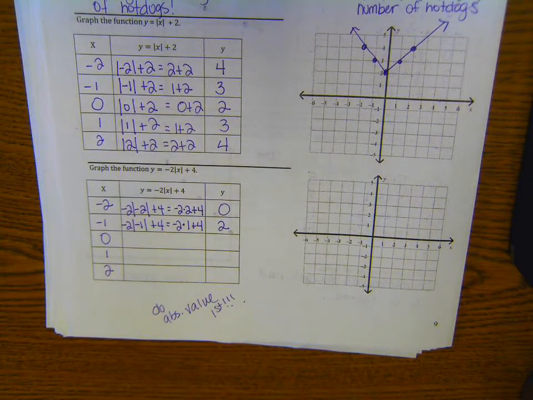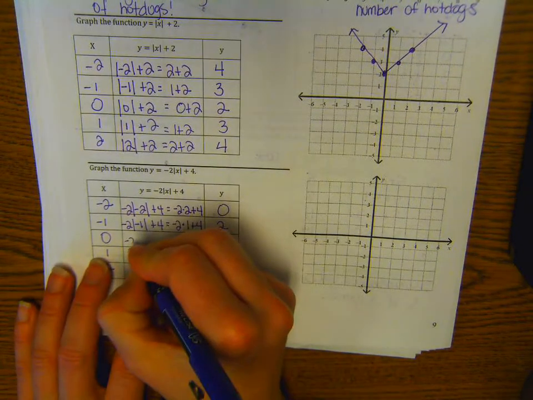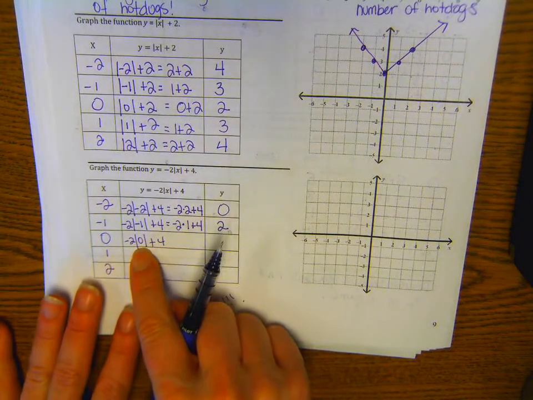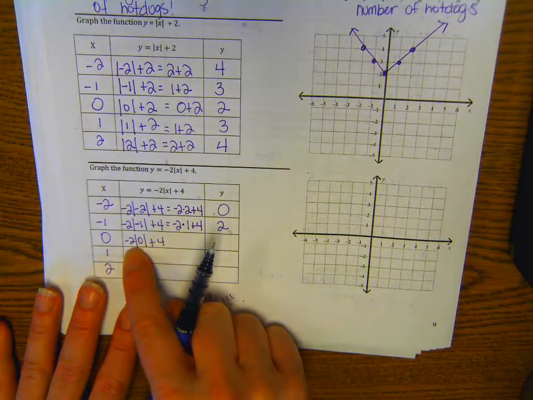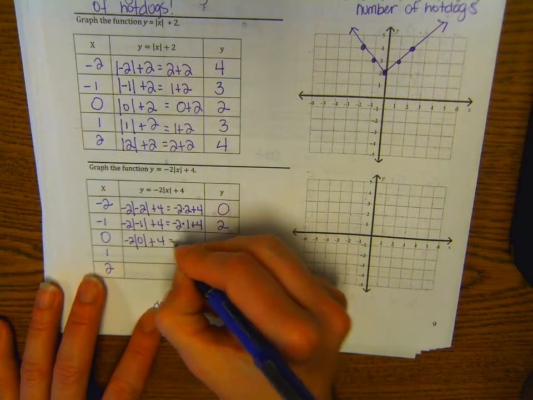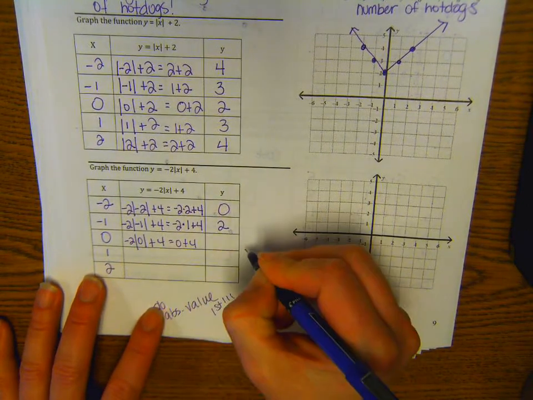Now 0 I don't need to change the sign on, right? So negative 2 times 0 is 0. 0 plus 4 is 4.